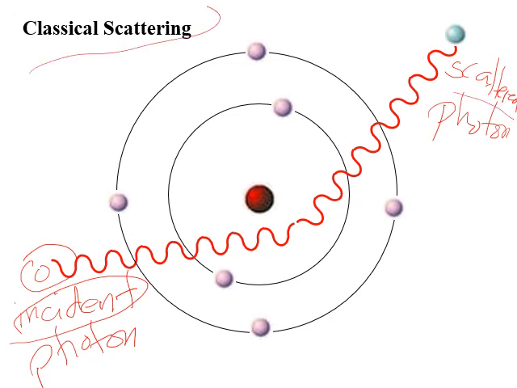In classical scattering, as you can see a while ago sa animation, walang ionization. So, wala siyang ionization, there is excitation.